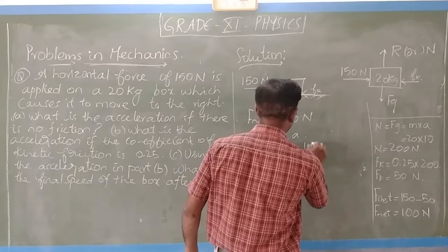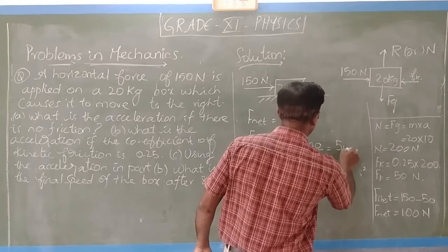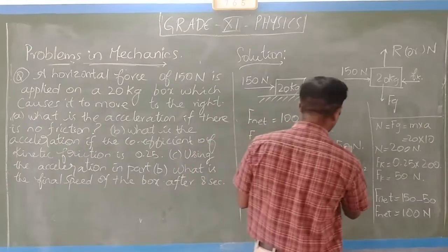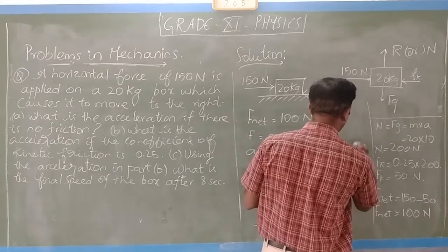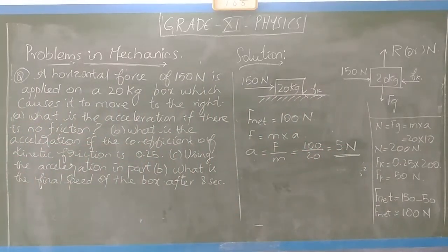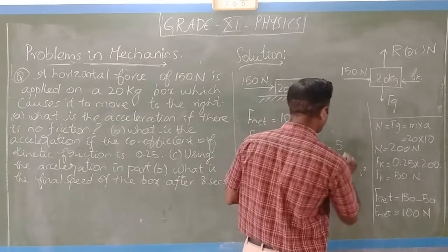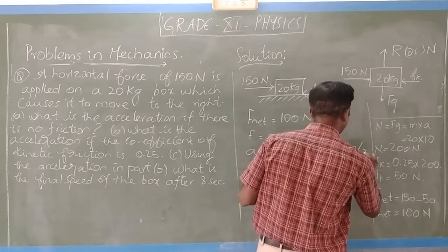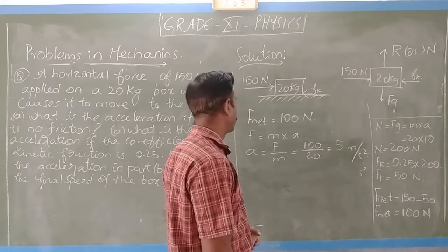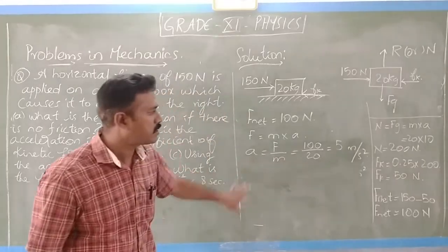That is 100 by 20, that is 5. The value of acceleration is 5 meter per second square.